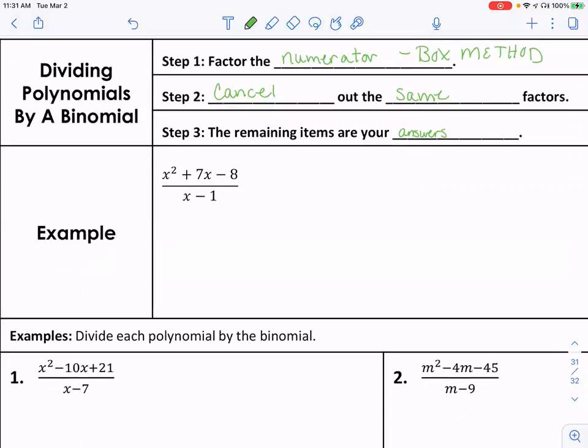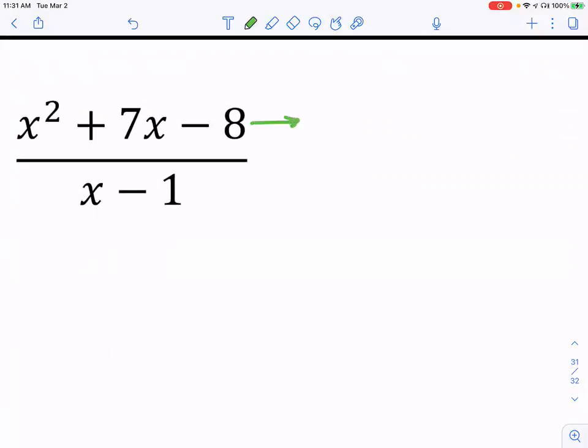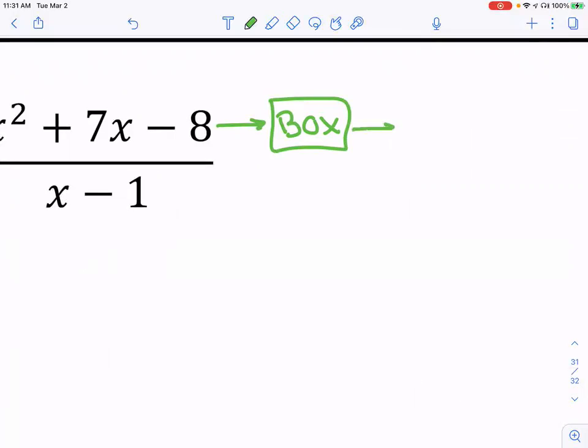Okay, now I am just going to show you what this will look like with an example. I'm not going to go through the whole, you guys know we take about 4 or 5 steps for our box. So right here, just indicate that we would do the box. Okay, you would do the box. We'll practice that a lot today.